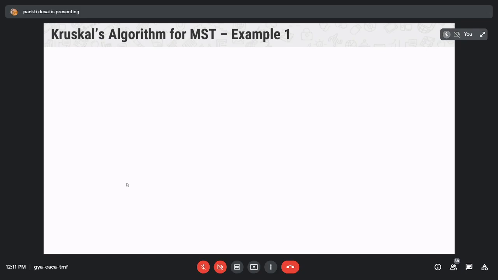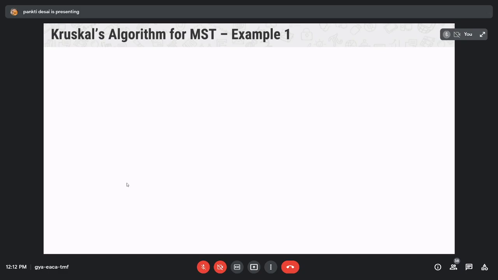Second, spanning trees have wide application in many areas such as network design. So in networking, spanning trees are very important for different networking applications. So let us first understand the Kruskal algorithm, then we will understand Prim's algorithm.